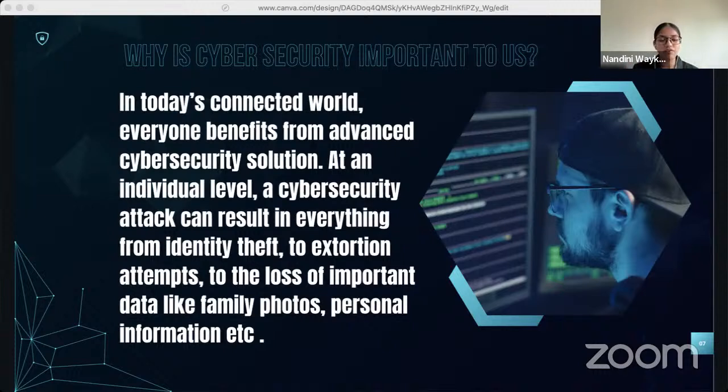At an individual level, a cybersecurity attack can result in everything, starting from identity theft to extortion attempts to loss of important data such as family photos or our personal information, or sensitive data which we don't want people to know about. Cybersecurity is of paramount importance in today's digital age due to several key reasons. So let's talk about some reasons why cybersecurity is very important to us.